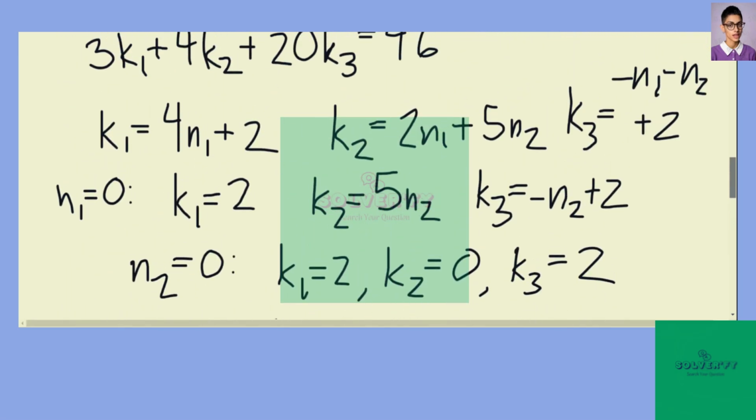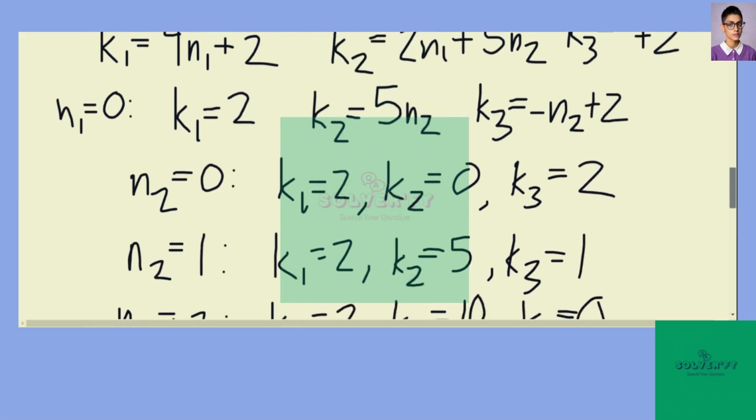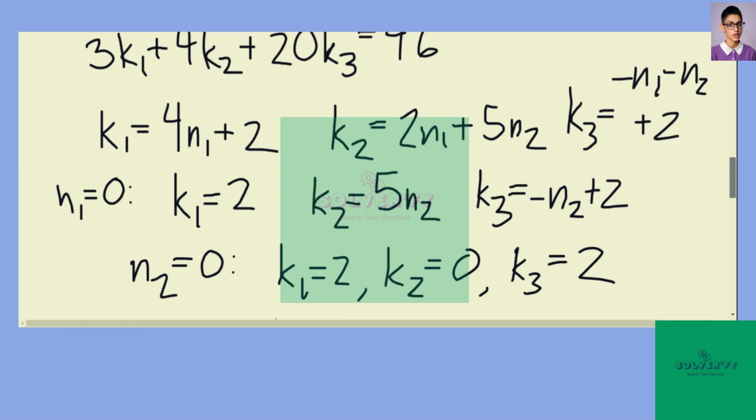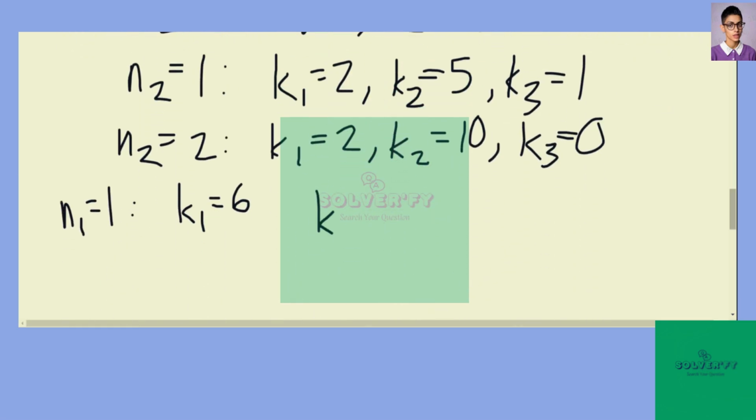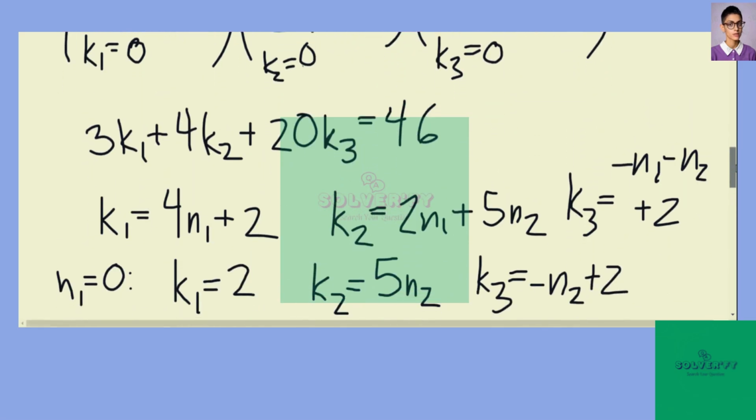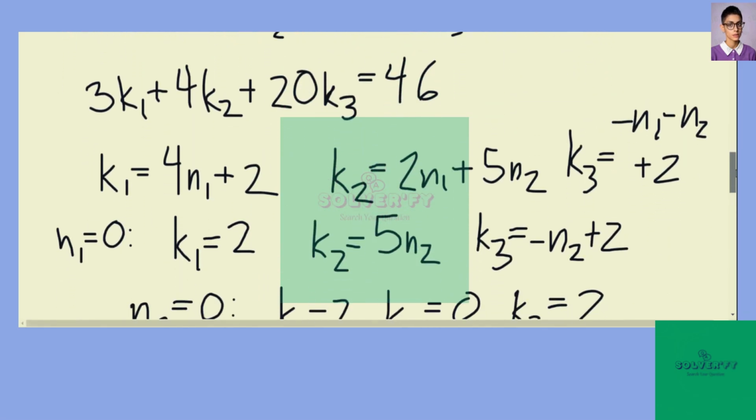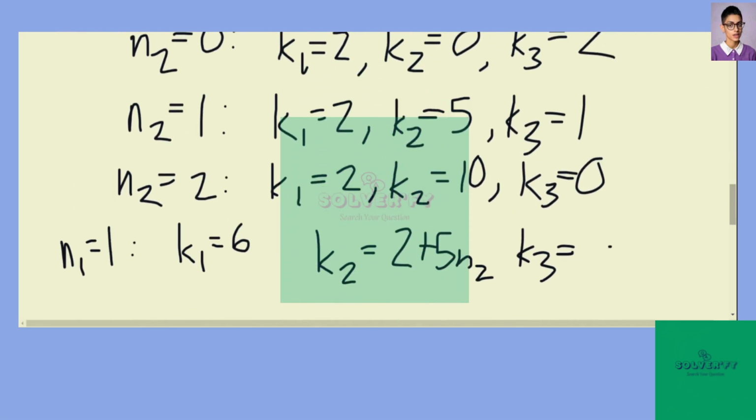We have that k2 is going to be equal to 2 times 1 is 2 plus 5n2, and k3 is going to be equal to negative 1 minus n2 plus 2, which is negative n2 plus 1.